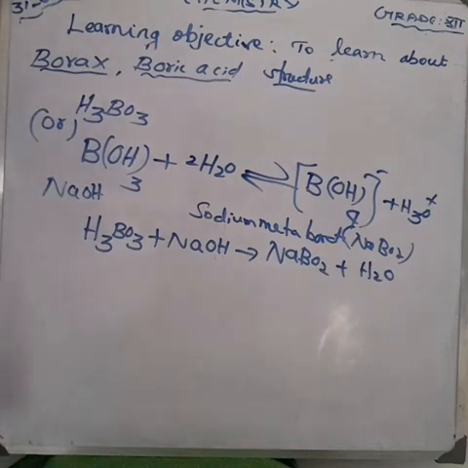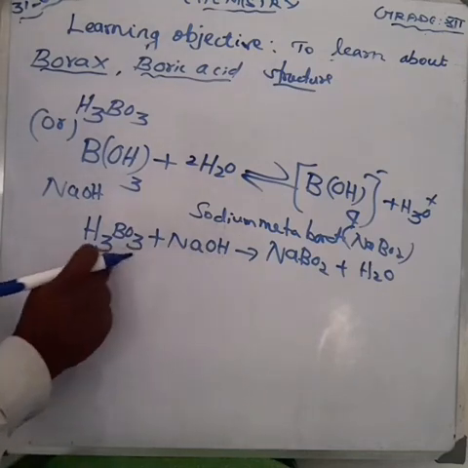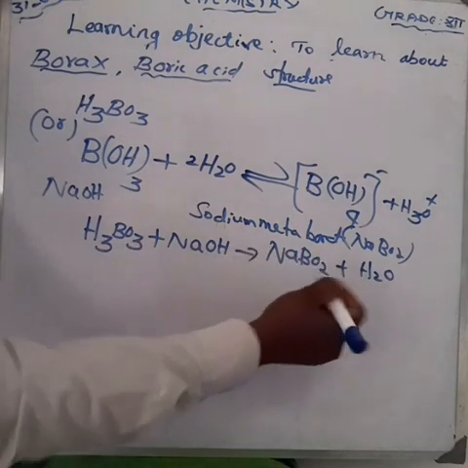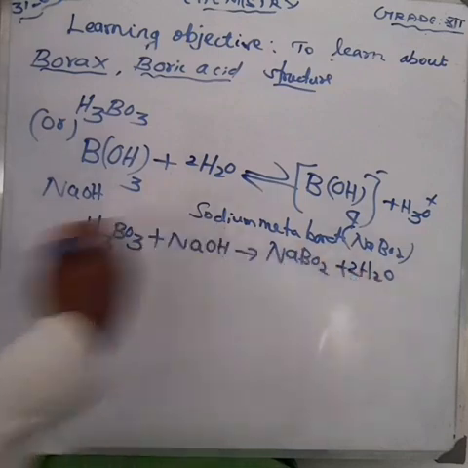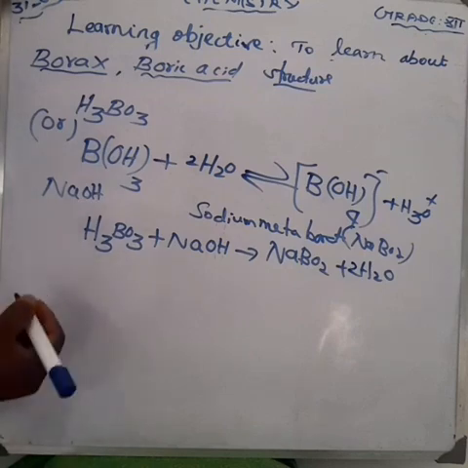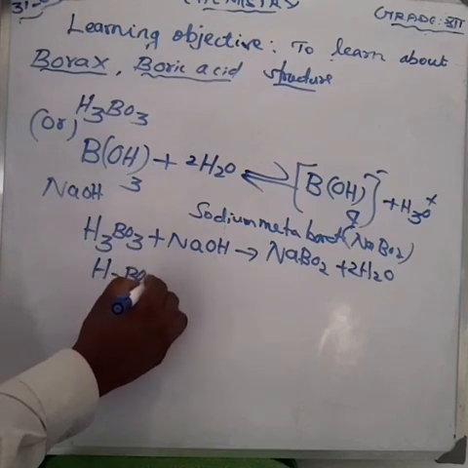Now how can you balance the equation? Hydrogen is also balanced here, sodium is also balanced, so make it 2 here. Now the equation is balanced, because we have 4 hydrogen, 3 plus 1, 4 hydrogen. It's also balanced.